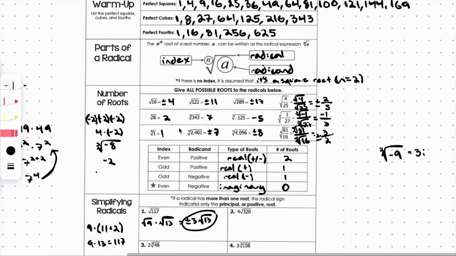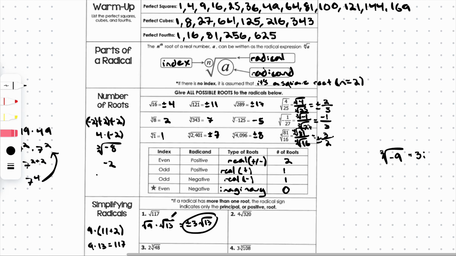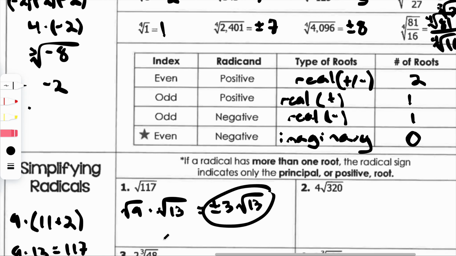So for example, we have 1, which is helpful, and then we have 8. Is 8 a perfect cube factor of 48? Yeah, because 6 times 8 is 48. And remember 8 is a perfect cube for 2.